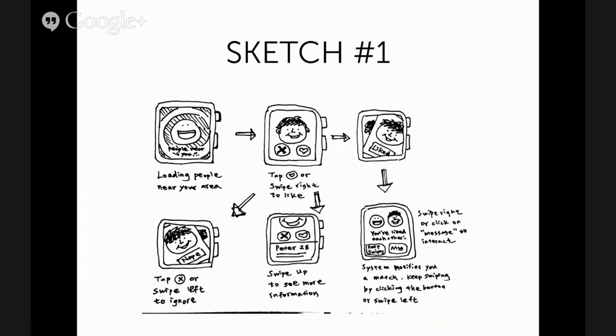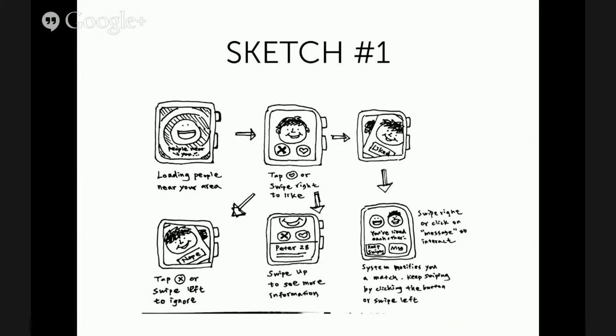You can tap on either of these buttons, or you can swipe right or left to indicate your interest. But you may notice that we don't have an information icon on this screen. The main reason is that there's a lot happening on this screen already. If we include the information icon, it's going to be more crowded, so we got rid of that. But how do you access people's information? You can either tap on the picture or swipe up to see more information.